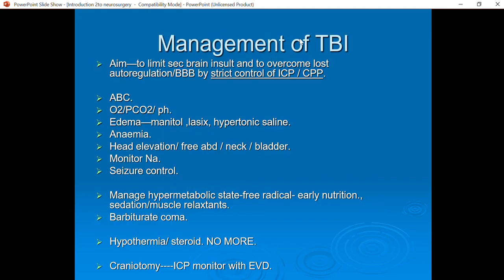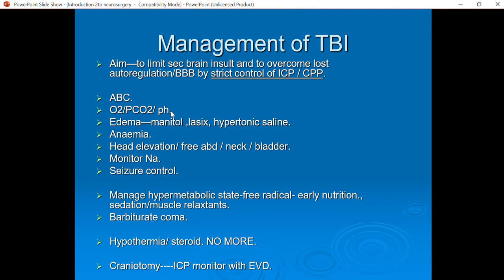The management of head injury, as we mentioned, aims to limit the development of secondary brain insult and to overcome the lost autoregulation and the blood-brain barrier damage by strict control of the ICP and the CPP. The management of any injury starts from the ABCs: airway, breathing and circulation. Assure good oxygenation, PCO2 and pH.